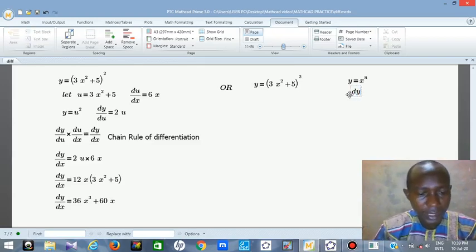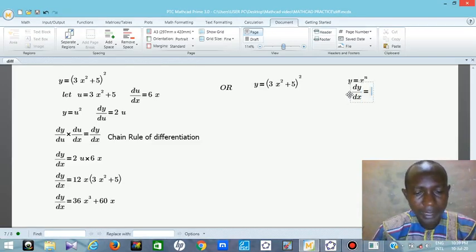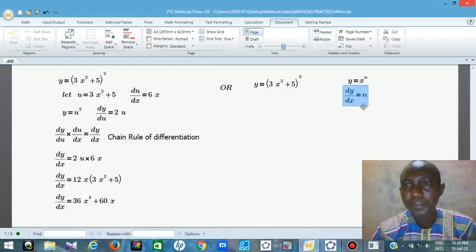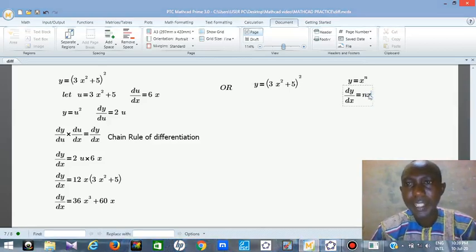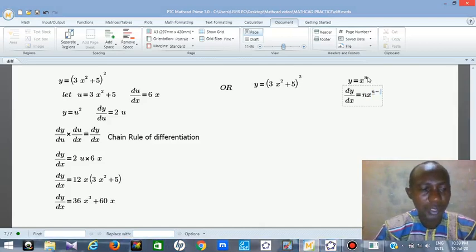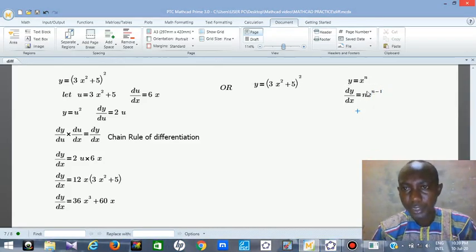Our final answer dy/dx is equal to n, which is the power, multiplying the coefficient in front of the x, which is nx. Then the power we subtract 1 from, which is n minus 1. So this is the basic rule.